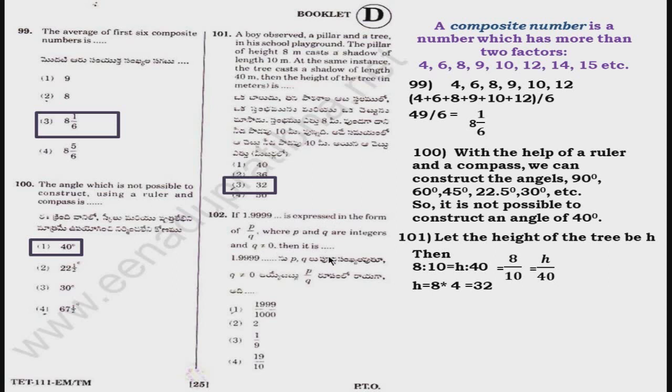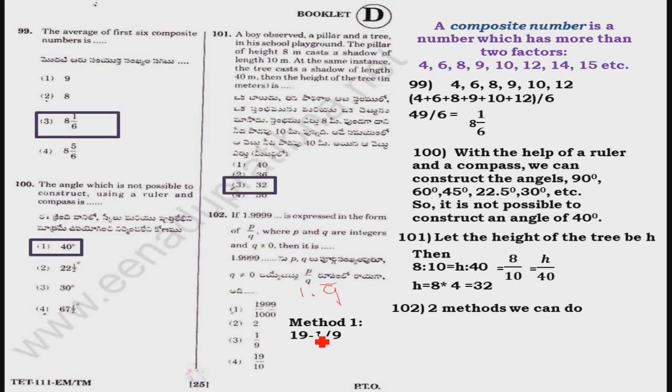Now next one, if 1.999 and so on is expressed in the form of p by q, where p and q are integers and q not equal to 0, then it is. Now whenever they ask us to write in p by q form, we can do it in two methods. The first one is the easy method, which we can adapt for everything. 1.999 and so on means we can write it as 1.9 bar. Bar means 9 is repeating. Whenever we do this method, the technique is that whatever number is given, first we'll write the number here. If it is 0.75 bar, we'll write it as 75.